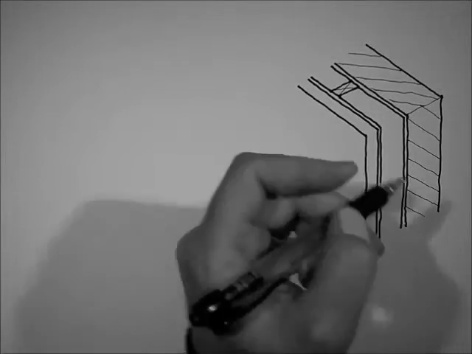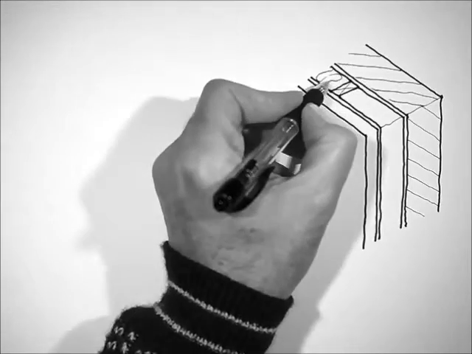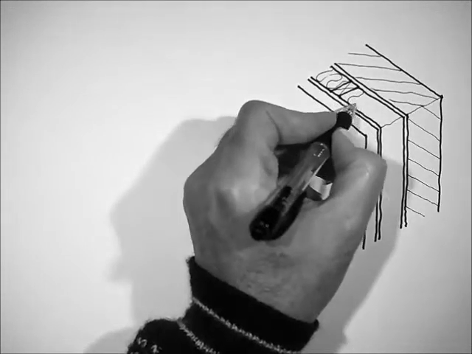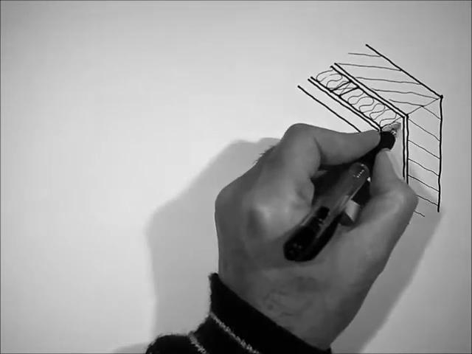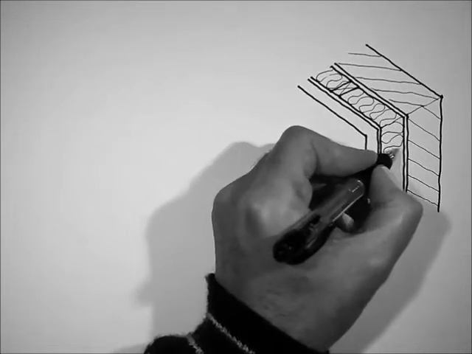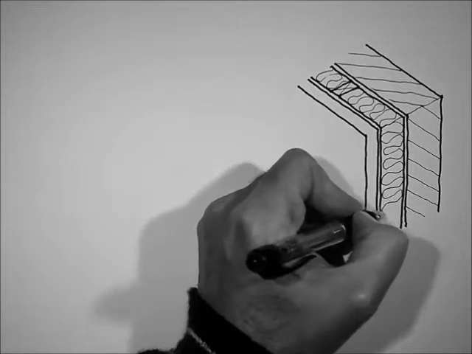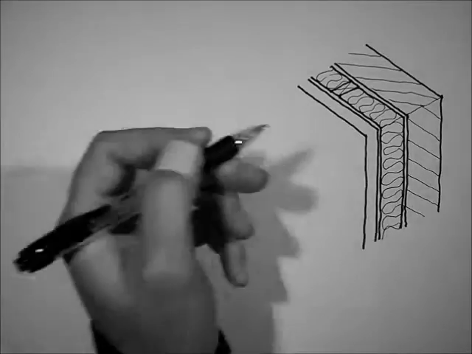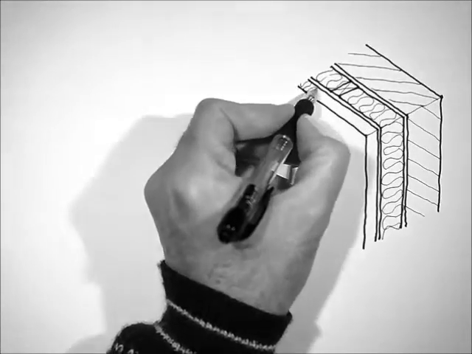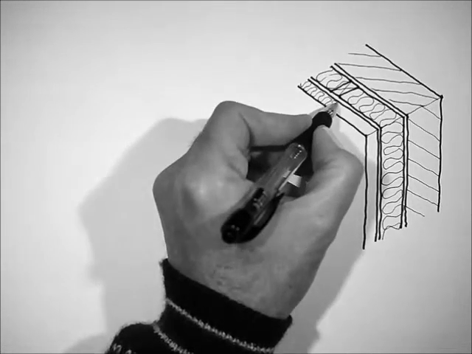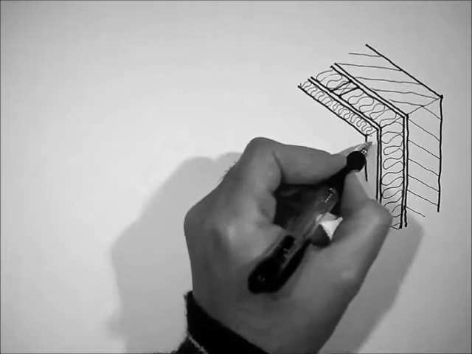So what I'm drawing for you is a section through an external wall construction that would appear to contradict the breathability issue, in that we're going to clad this external wall with zinc, obviously for its weatherproofing characteristics.